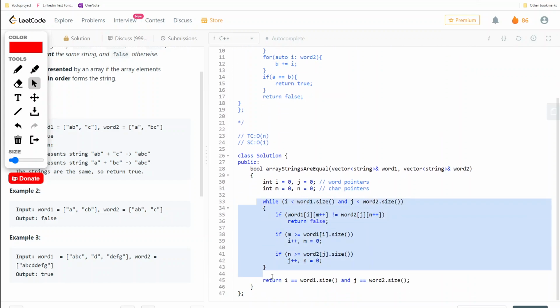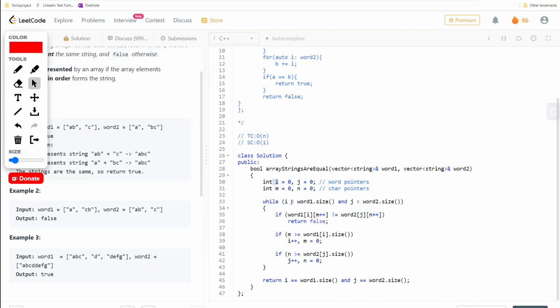So here we are basically checking whether both of the strings' lengths are completely traversed or not. By that fact only, first we are checking whether that particular pair is equal or not. This is for i here because it is a vector of strings, right? So it is a 2D sort of structure.